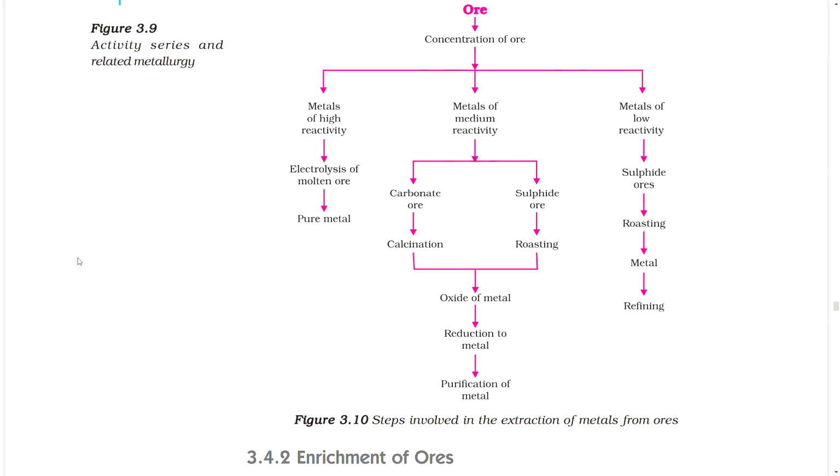Ore, concentration of ore, metals of high reactivity, electrolysis of molten ore, pure metal; metals of medium reactivity, carbonate ore, calcination, oxide of metal, reduction to metal, purification of metal; sulfide ore, roasting; metals of low reactivity, sulfide ores, roasting, metal, refining.